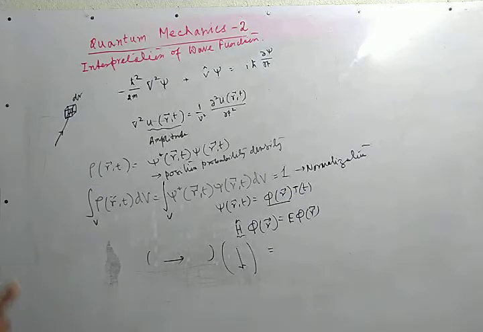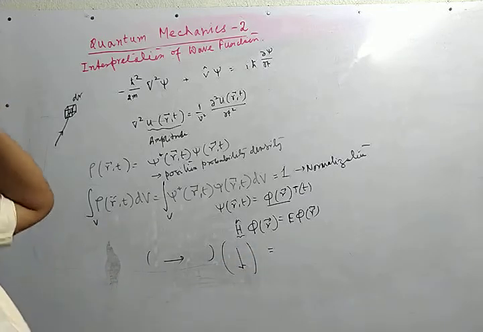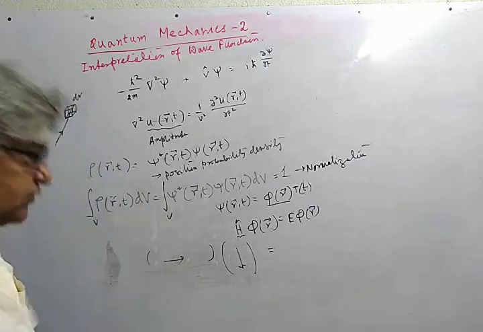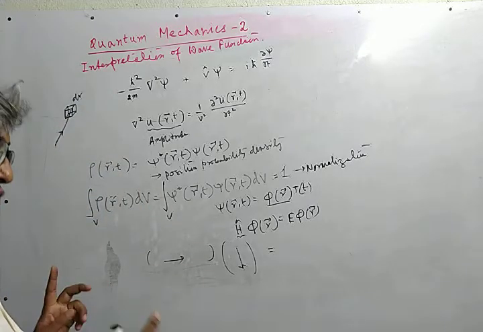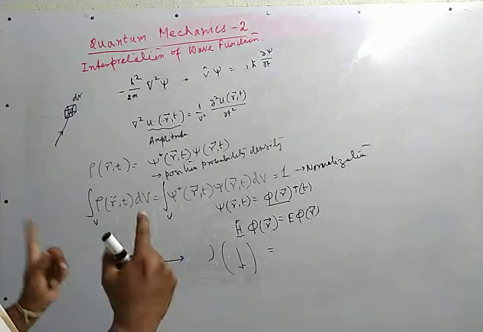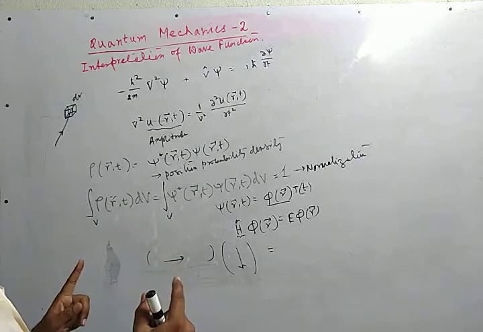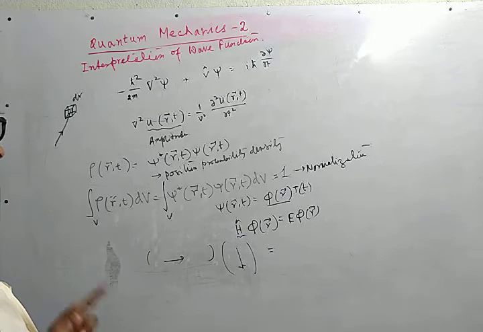Now, since the total probability is 1, we say that the probability is conserved. We know that whenever we have a quantity which is conserved, there exists a differential equation which takes care of this conservation principle, and we know this as the equation of continuity.